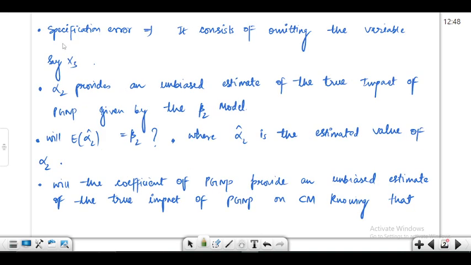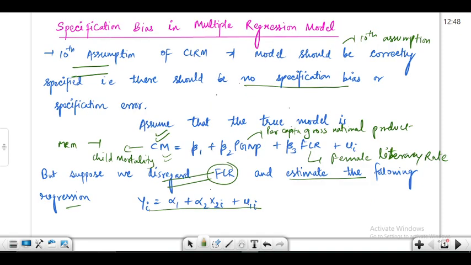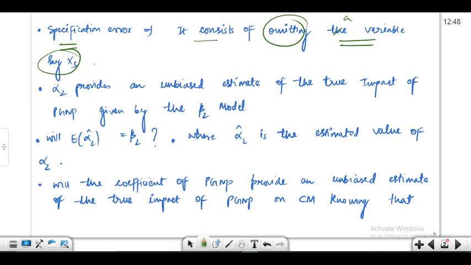Specification error consists of omitting a variable. In this case it is x3, which in our example is the female literacy rate. So in the case of specification error, the error is about not including a particular variable in the model where it should have been included. Now, alpha 2 provides an unbiased estimate of the true impact of PGNP given by the beta 2 model.